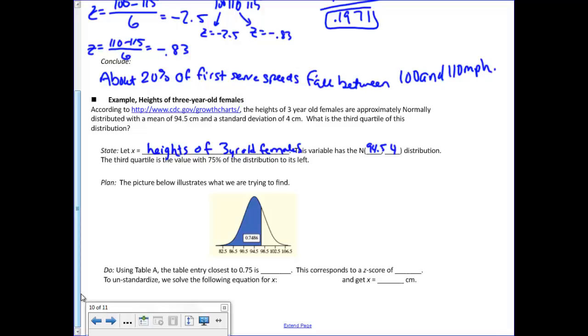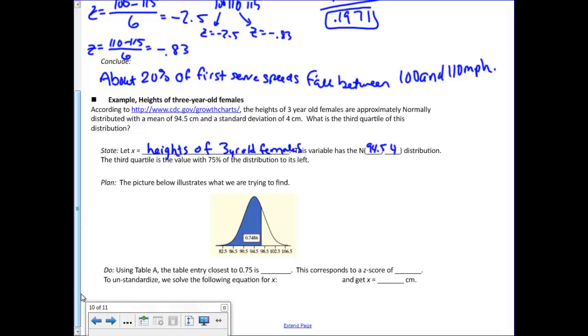So here's where I direct you over here again. If I'm telling you 75% and I want to know what's the height for the 75th percentile, I need to come through here and figure out, well, what's my z-score so that I can unstandardize it to figure out my height. So if we are trying to find 75%, you look in your table, what's the closest we can get to 75%?